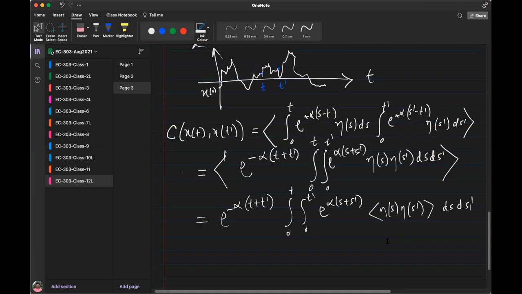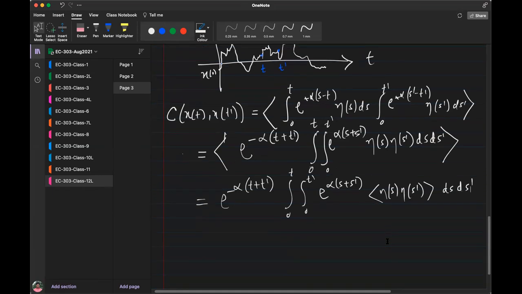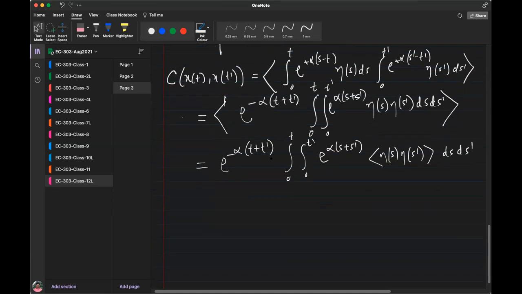So this is the simplified expression now. Of course, the only thing we have done is we have taken the angular brackets deep inside as much as we could.